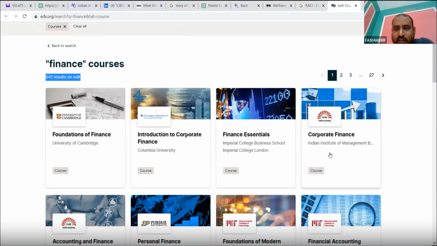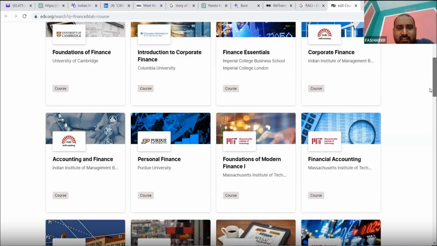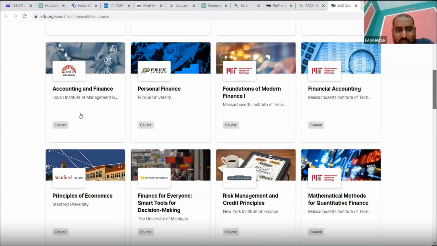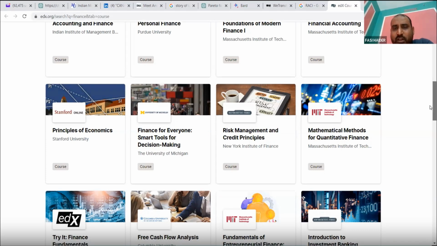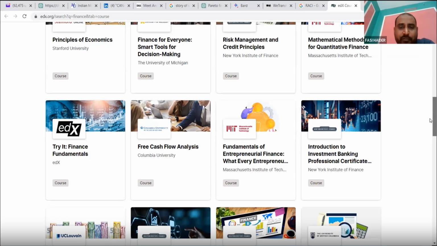Whatever topic you want, there are the Indian Institute of Management Bangalore, University of Cambridge, Columbia, MIT, Purdue University, Stanford Online with principles of economics. If you do these things, like mathematical models for quantitative finance and risk management, or courses from the New York Institute of Finance, it will put you above the market.